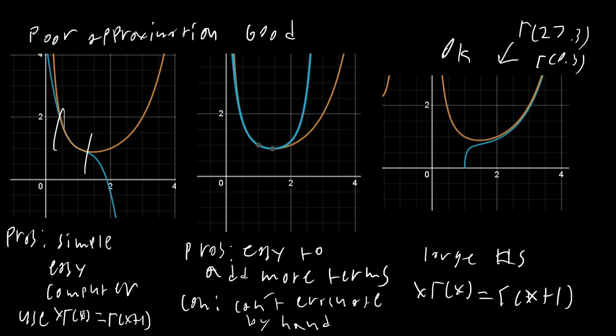So overall, these three approximations have their pros and their cons. I would say my favorite is probably the one in the middle because it's the easiest one to get really high accuracy really quickly. But if I'm ever doing anything by hand and I don't have access to a calculator, I'm definitely going with the first option. Stirling's approximation, in my opinion, is not very good for casual maths.